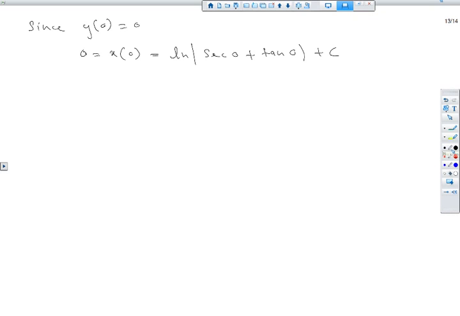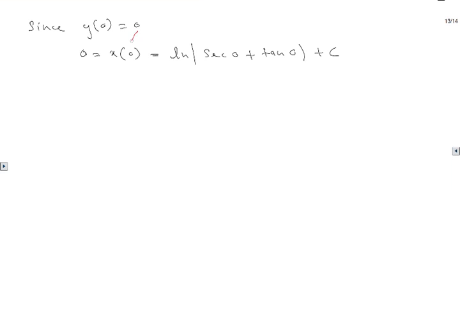Remember these are y values. So that is the y value, and this is the x value because it's going to go backward. It's x equal a function of y. So the y value goes there, and this is again the y value because y equals 0.